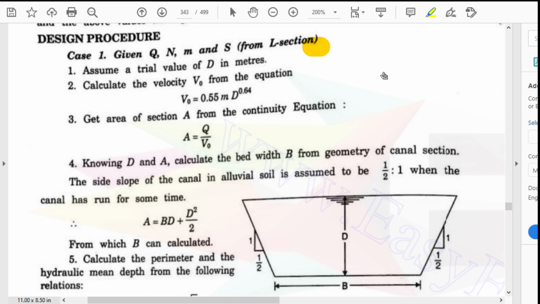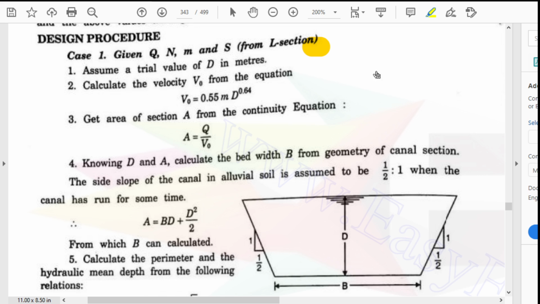Second step is you have to calculate the velocity V naught from Kennedy's equation. Okay, now what is Kennedy's equation? V naught equals 0.55 m D raised to 0.64.